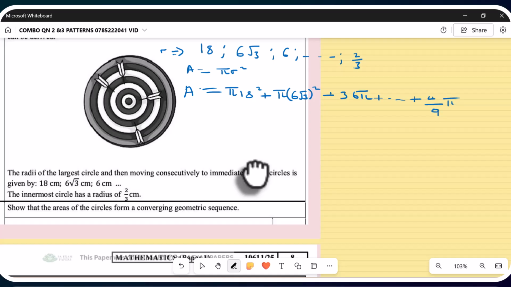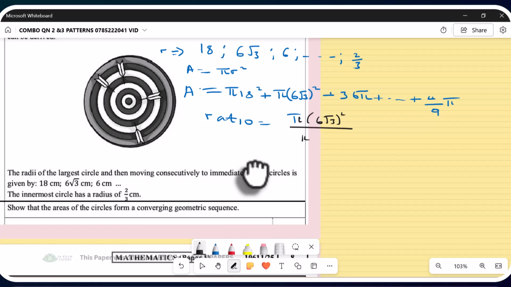What do they want us to do next here? They say calculate the number of circles in the sequence forming the dartboard. If I come back to my radii, I had 18, 6 root 3, 6, until the last one. To know the number of circles, I find the number of radii, since they are equal.